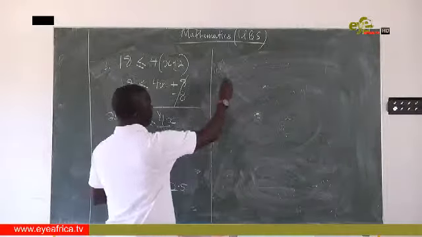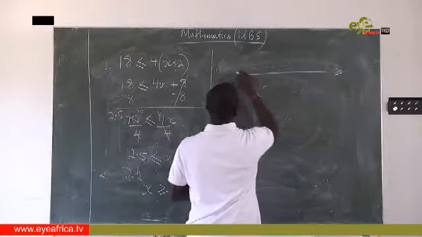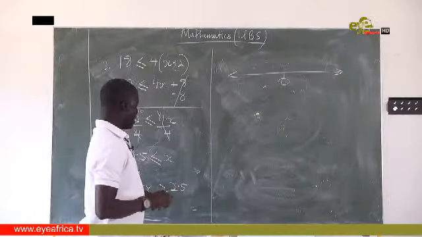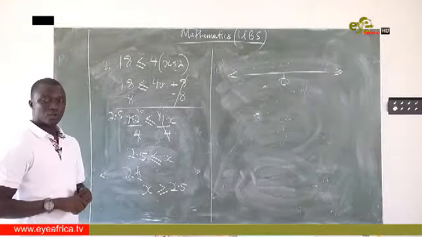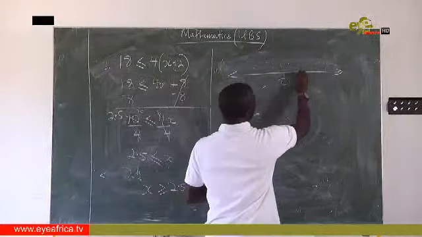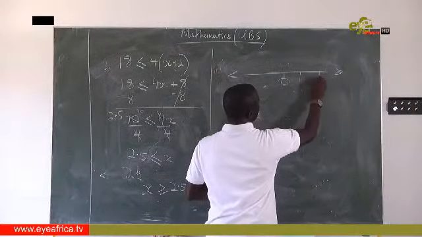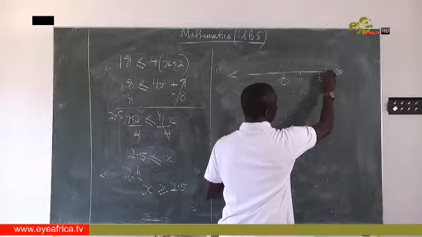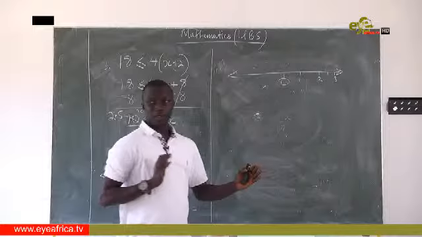Okay, we have our number line somewhere here, and we graph it here. We have x is greater than or equal to 2.5. Let's indicate 1, 2, and 3 maybe. And know that 2.5 is exactly between 2 and 3.